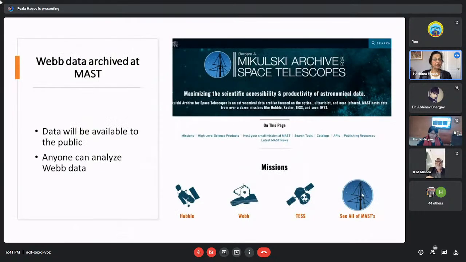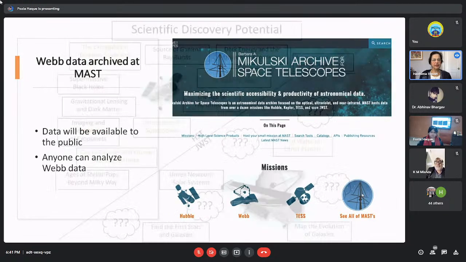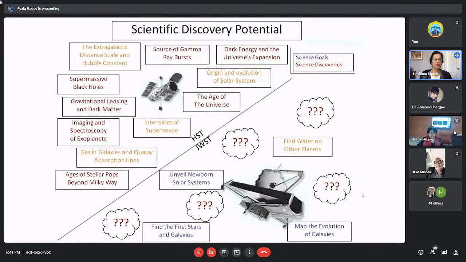in addition to the 4 questions that Webb was designed for, it answered many more questions, it made many more scientific discoveries than we were even aware of that existed. We didn't even know exoplanets existed when Hubble was launched.